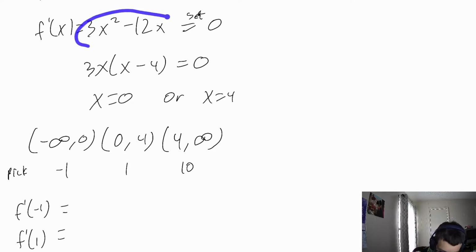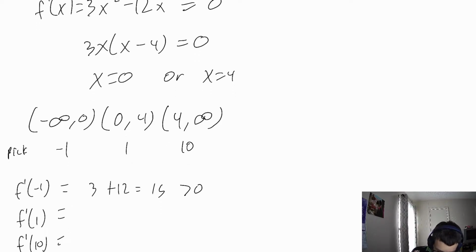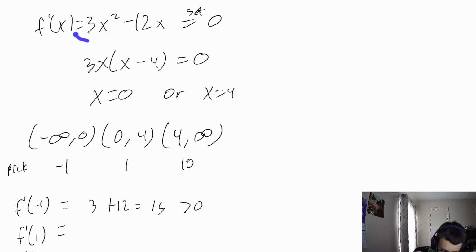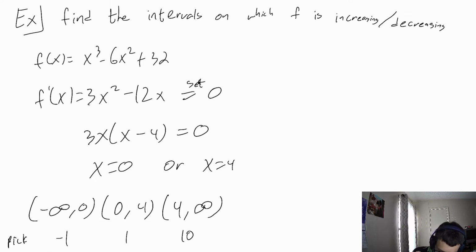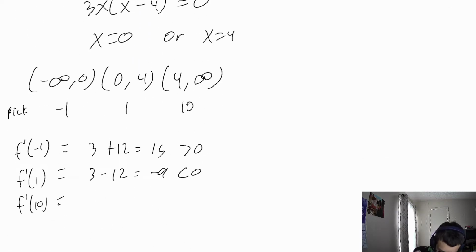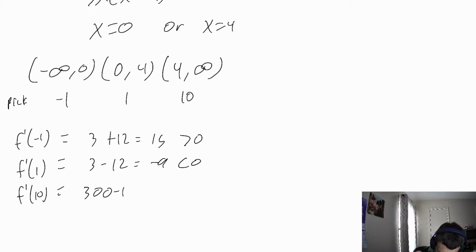If we plug minus 1 in here, we're going to get 3 plus 12 equals 15, which is bigger than 0. If we plug 1 into the derivative, we're going to get 3 minus 12 equals minus 9, which is less than 0. And if we plug 10 into the derivative here, we're going to get 300 minus 120, which is definitely bigger than 0.